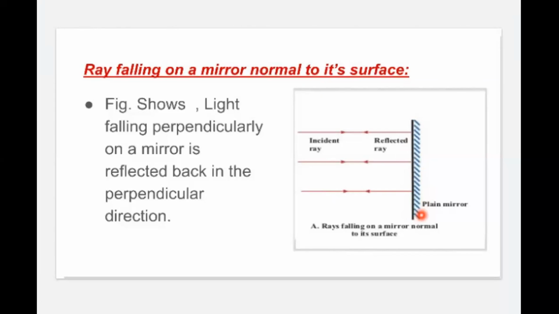Whenever a ray of light approaches the reflecting surface of the mirror, definitely it is going to bounce back. The ray of light that is incident on the reflecting surface of the mirror, you call that ray the incident ray. And the direction of the incident ray is like this.